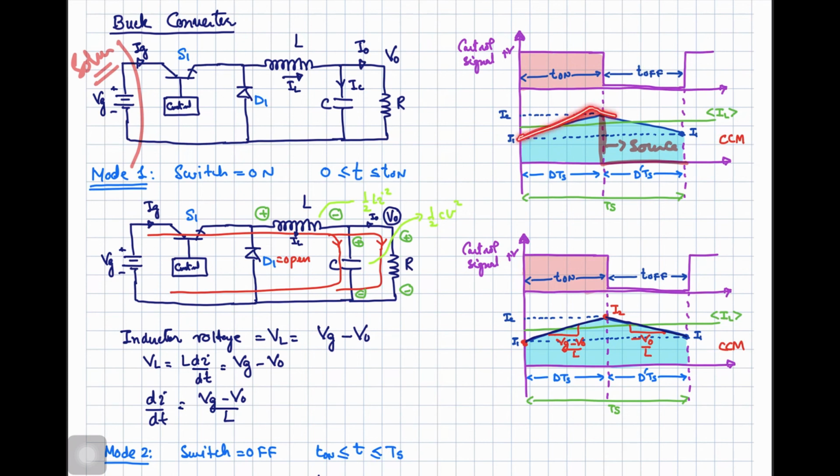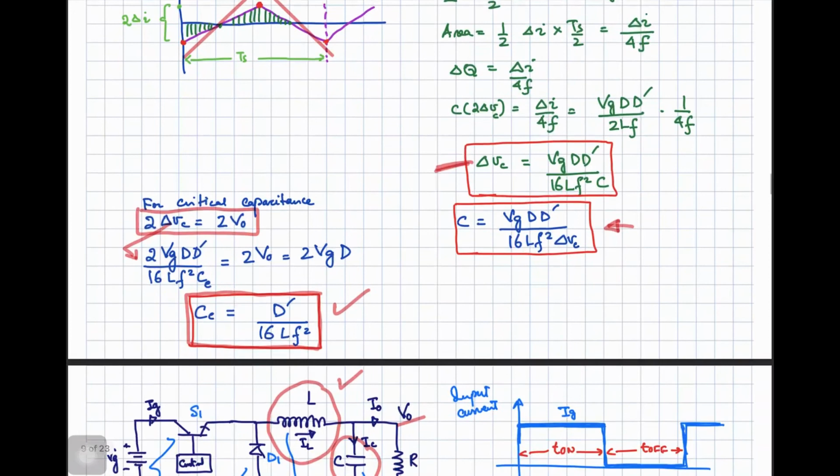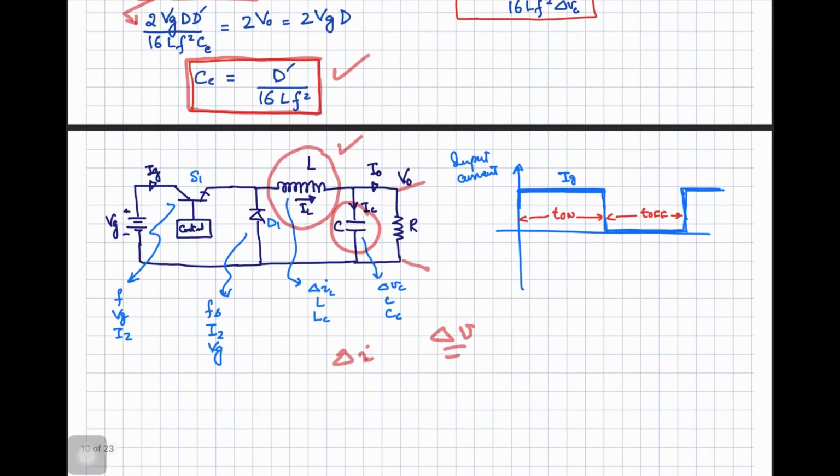Load current is continuous, because you have this path and then you have this path. The diode is connected to make the load current continuous, but your source current is discontinuous. That is the disadvantage of the buck converter, specifically in applications with renewable sources, because you will not be utilizing the renewable energy resources efficiently, right?